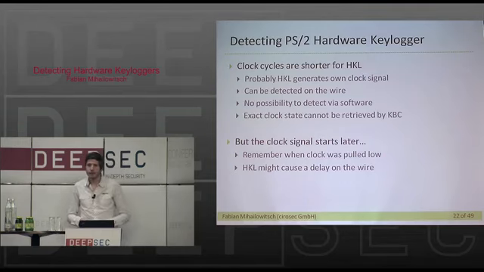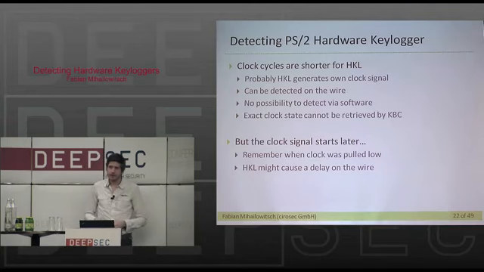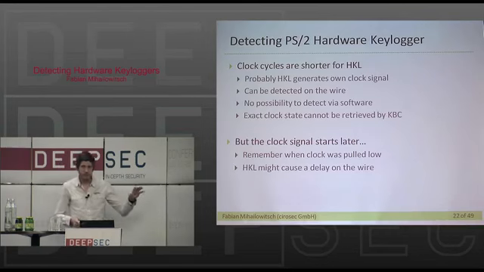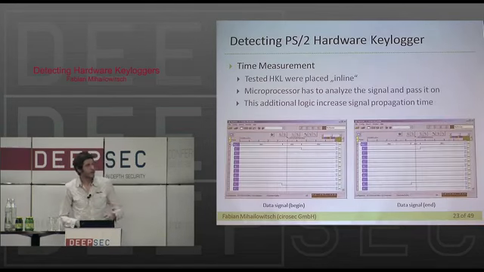But another cool thing we saw is that the clock signal started later when the clock was pulled low. And like you can already imagine, if you say I want to detect hardware keyloggers, every guy says at first, hey, try to do it with timing. So we saw there's a delay, and yeah, maybe try that timing approach.